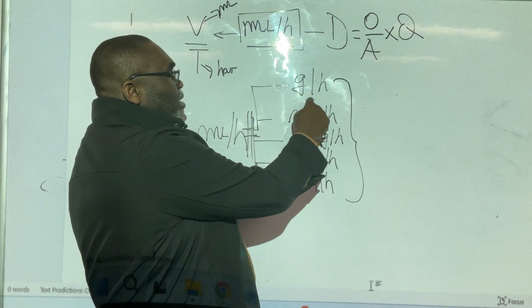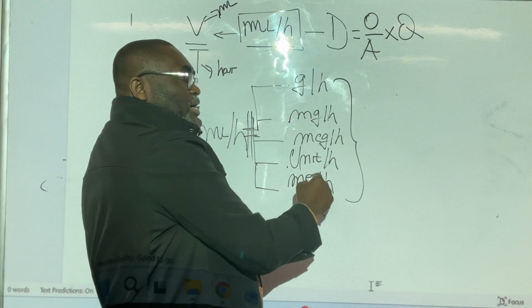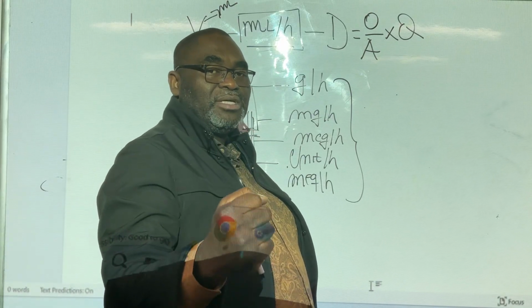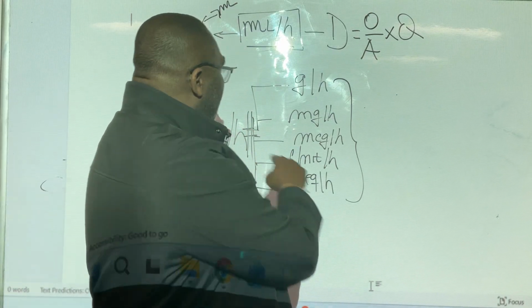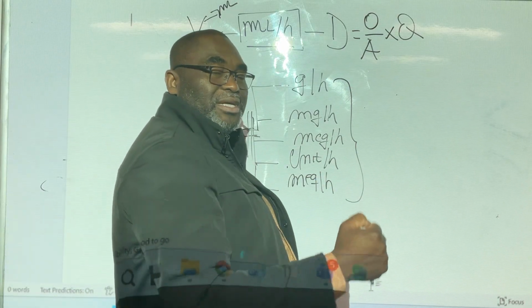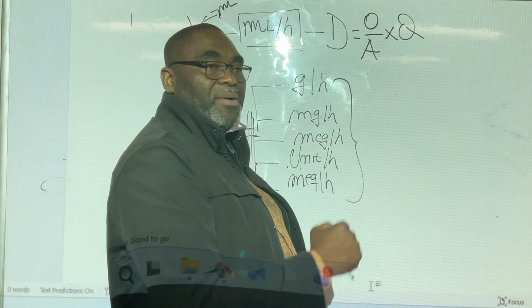So gram per hour or gram per minute, all those, dear friend, are the quantity, the amount of medication that we are giving. So milliliter per hour is the volume that we are giving through someone's vein by means of the pump. All right.